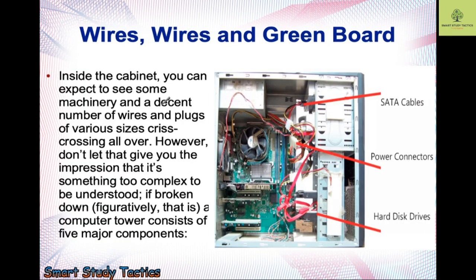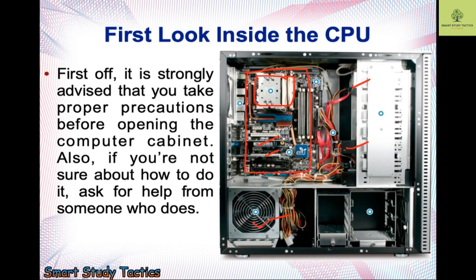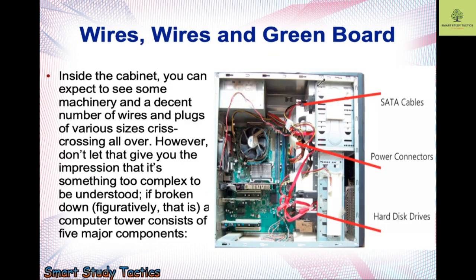Here, wires and a green board, everything you see inside the computer system is like that. You can see a green board. It was a different CPU. Here you will see different types of cable: SATA cable, power connector cable, and hard disk drive cable.